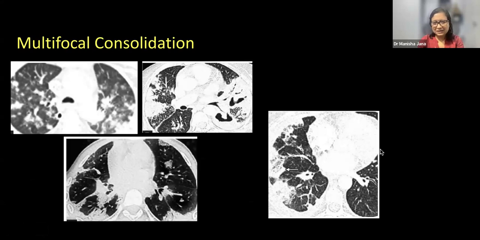Whereas if we look at these images, here we see peripheral bronchocentric consolidation. They are all pleural based, symmetrically distributed bilaterally, and this is the appearance of organizing pneumonia. The causes may be variable. Similarly, we can see this atoll sign of organizing pneumonia.